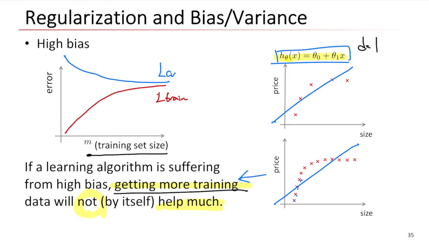So it means that as we get more training data, we cannot improve our model, right? So this is the limitation of an algorithm that suffers from the high bias problem.